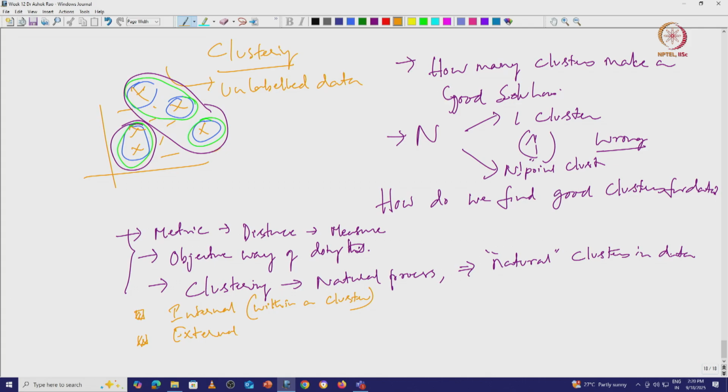Internal, that is within a cluster, distance between data points should be small. Externally, distances should be large.